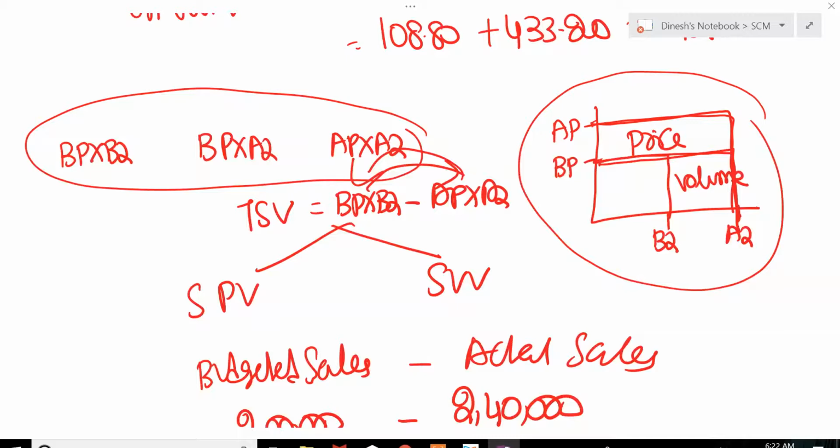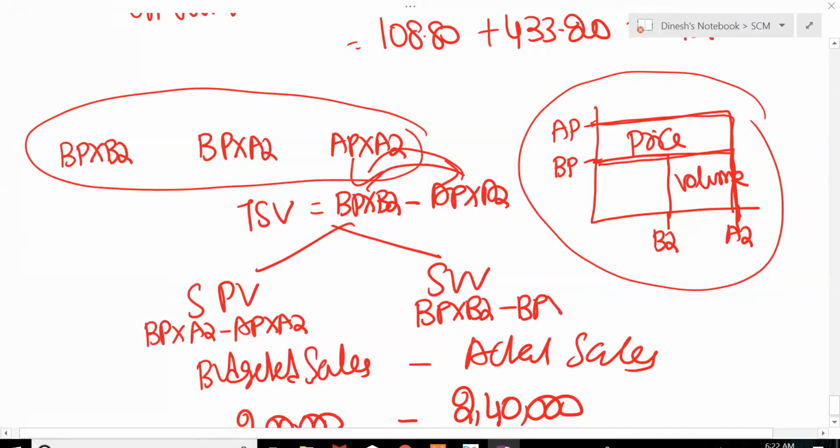Price variance is the topmost part, BP into AQ minus AP into AQ. Can you proceed? Any doubts on this?